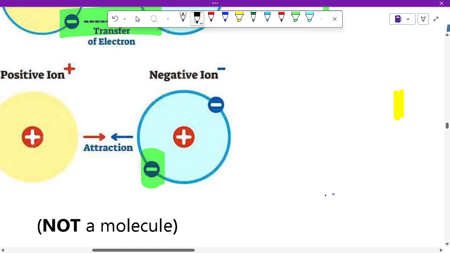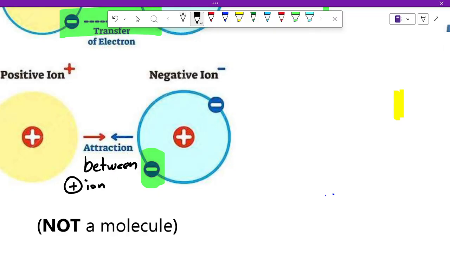So this is an attraction between the positive ion and the negative ion. What type of attraction is that between the positive ion and the negative ion? You know it. Electrostatic.